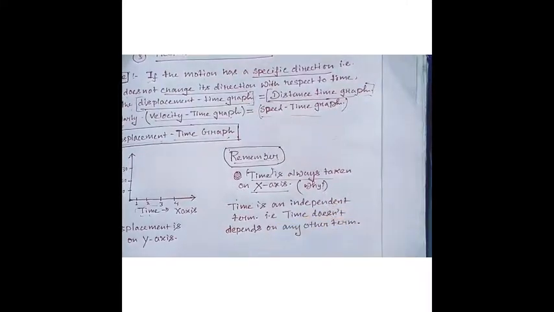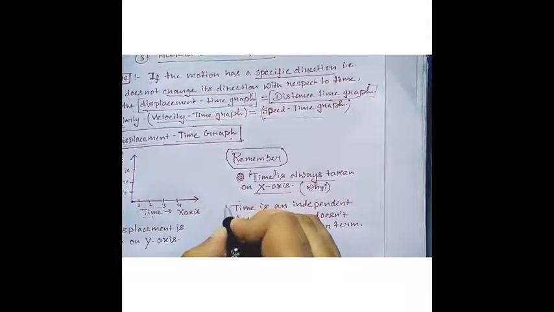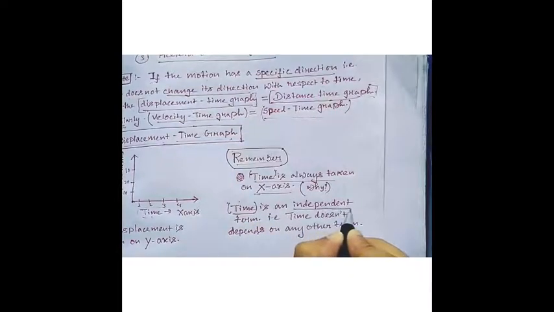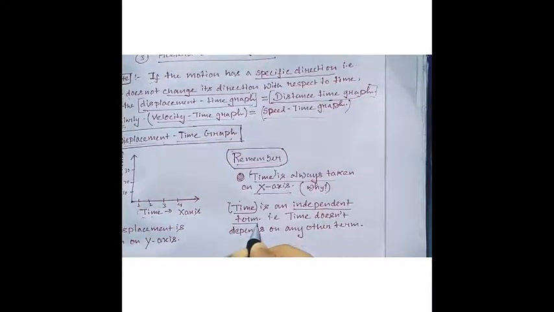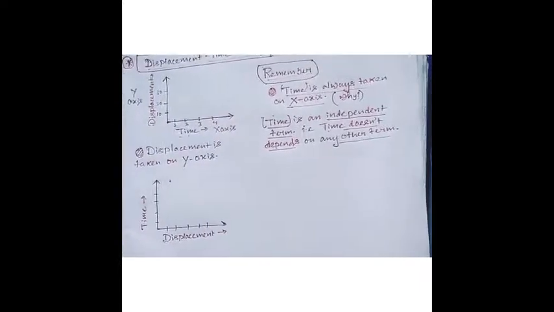The reason is that time is an independent term. What does independent term actually mean? It means time doesn't depend on any other physical terms. So this is the reason why time is taken on the x-axis.